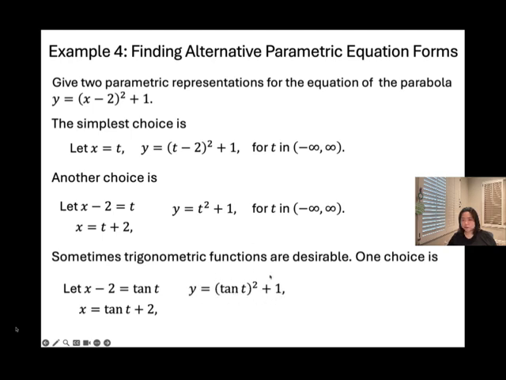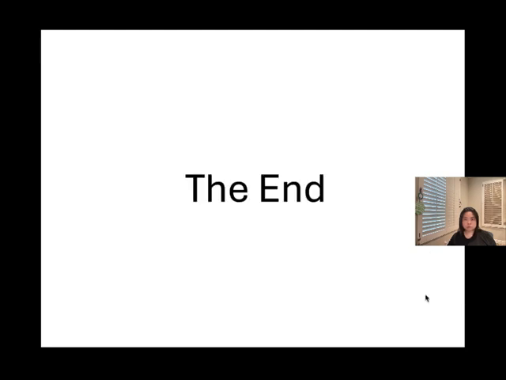And remember this formula, what is tangent squared t plus 1 equal to? That will be equal to secant squared t. Okay, and then this time the t will be from negative pi over 2 to pi over 2. That's it.